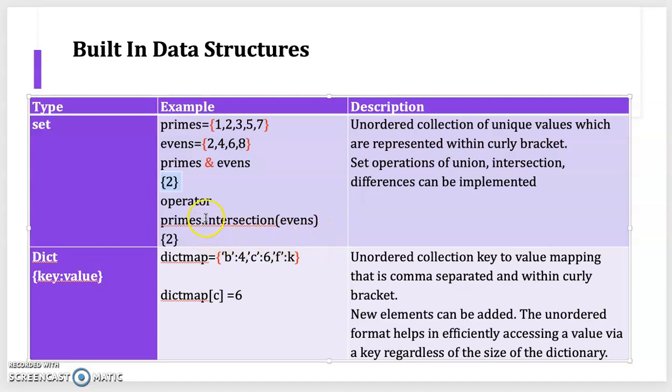Or you can use the method. Here we have an intersection method from the set. From the prime set, you invoke the intersection method by passing the second even set, then it returns you 2. That will be similar to your operator.